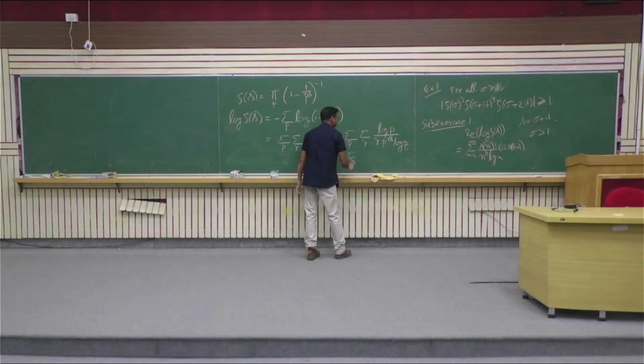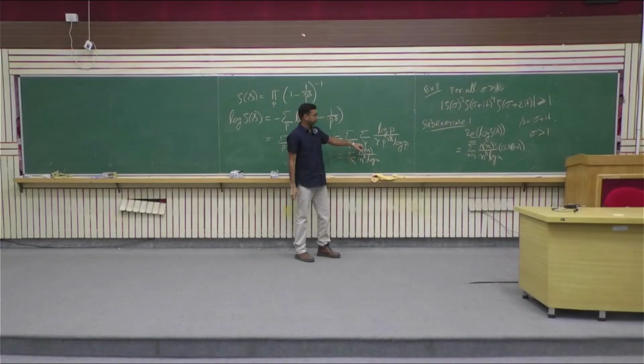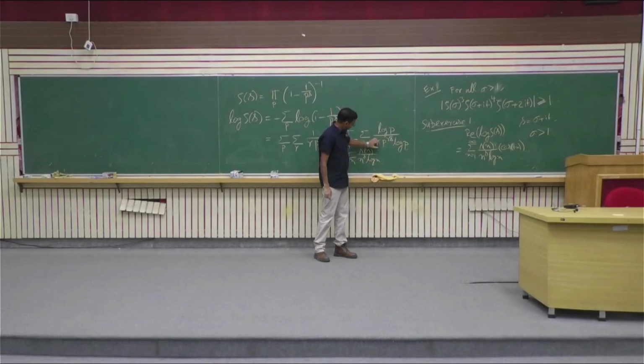Sum over n, upstairs we have lambda n, and below we have n power s log n. Because indeed, when we consider p power r as our n, then this is n power s, and r times log p is just log of n.